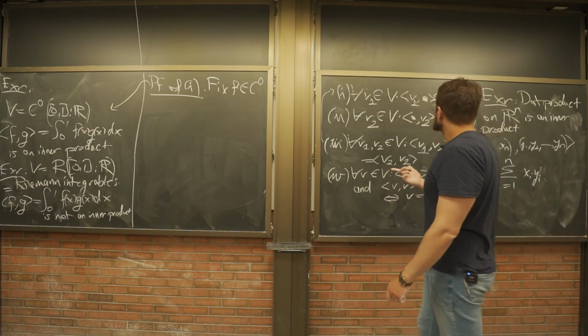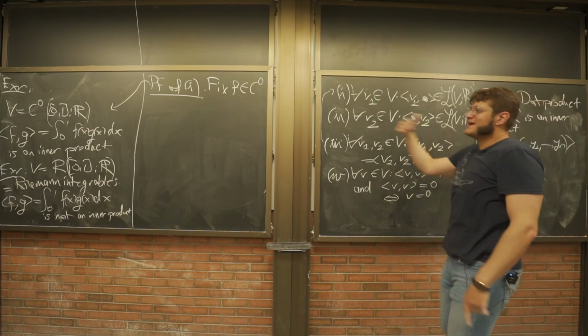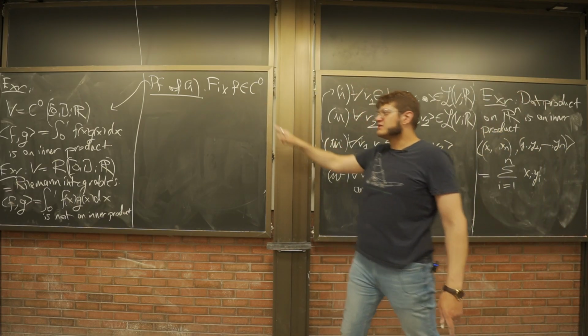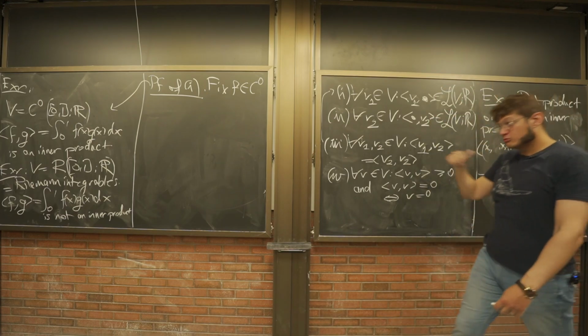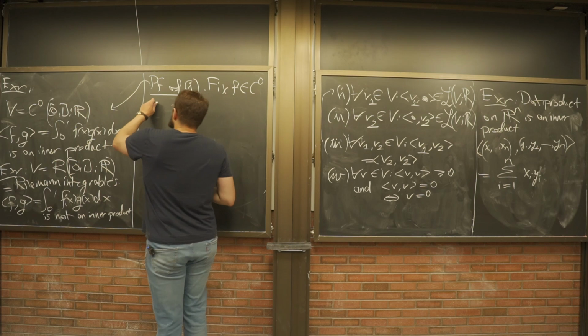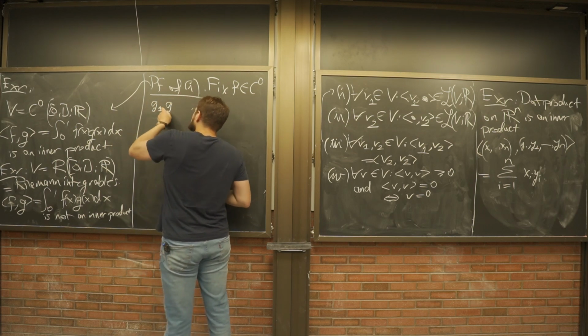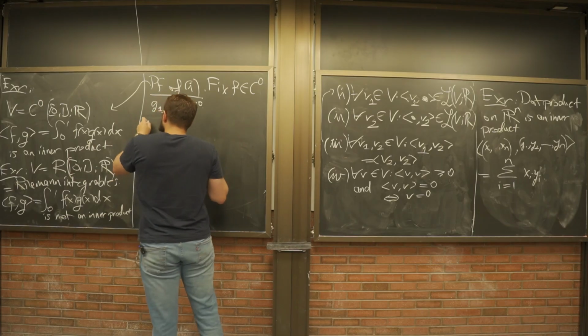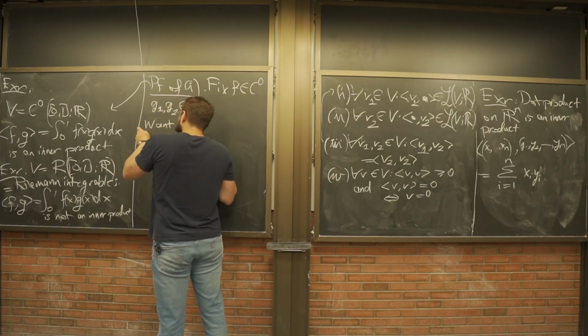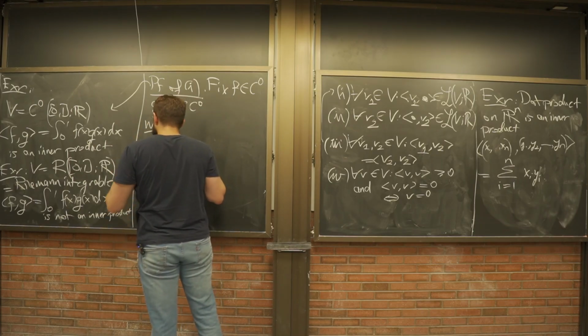Now what do I need to do? I need to show that integrating against F is a linear transformation. So what do I need? I need two more vectors, say G1 and G2 in C0. What do I want?